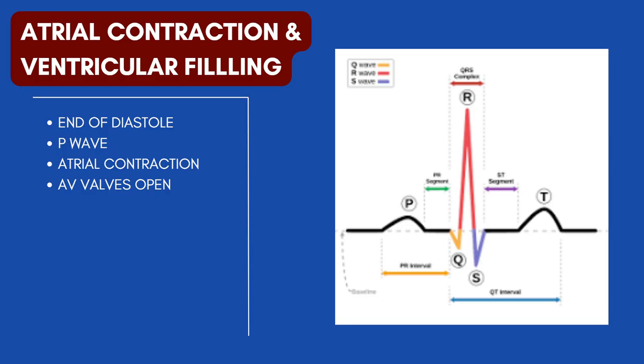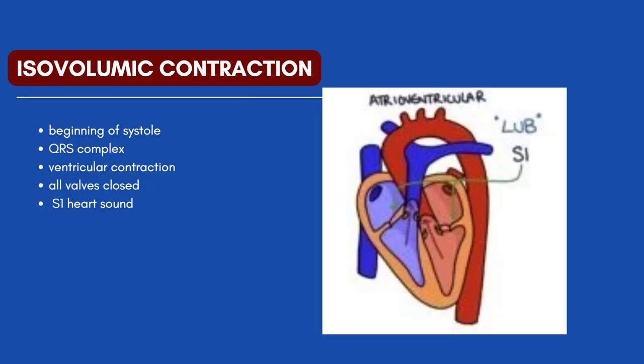The remaining blood is then pushed by the atria into the ventricles, completing the filling. The AV valves remain open while the semilunars stay closed. So this is the end of diastole. This is where we see the P wave, and atrial contraction occurs, as the AV valves remain open. I try to summarize everything in step order so that it's easier to understand.